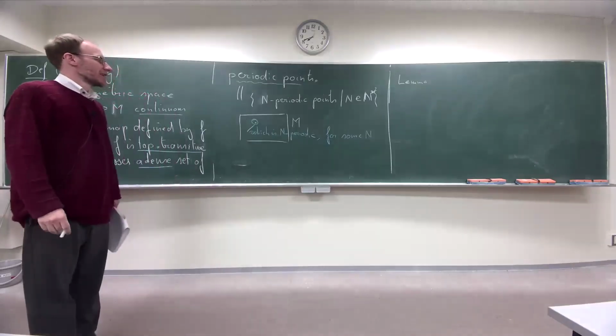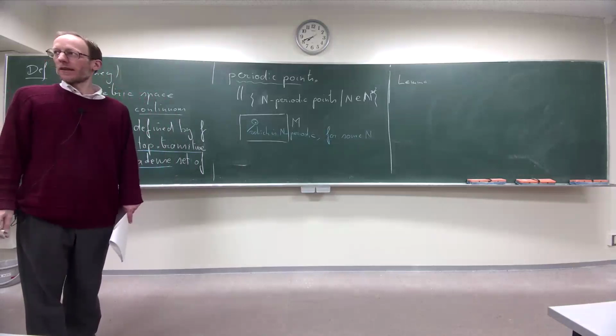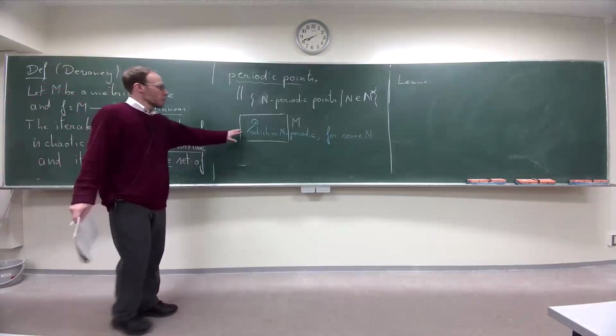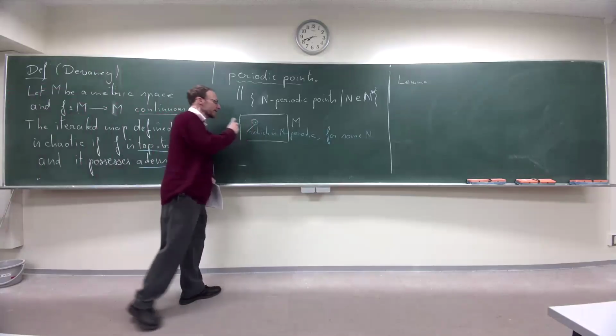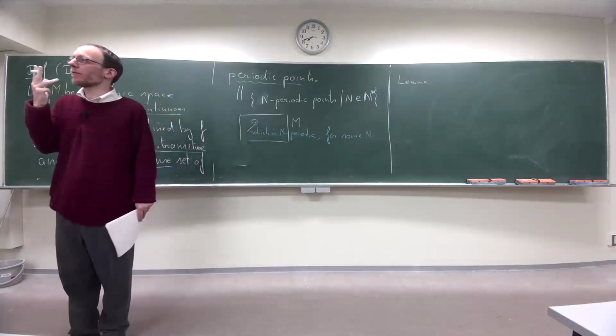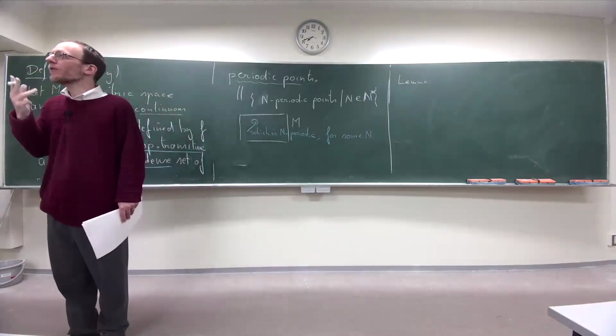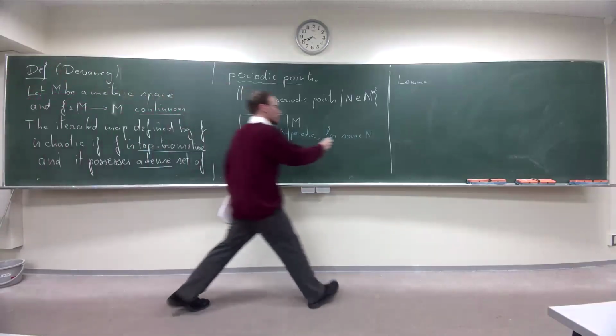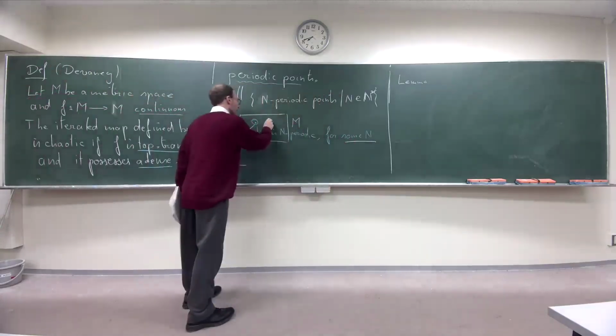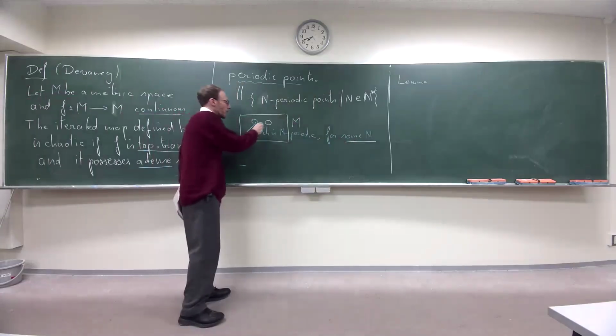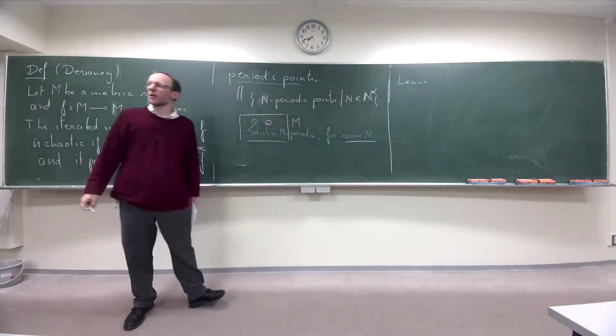Because then if you have 3, you have everything. No, it's not equivalent, because it's not for all N; I say for some N. So in any ball, I could have only a 2 periodic point.